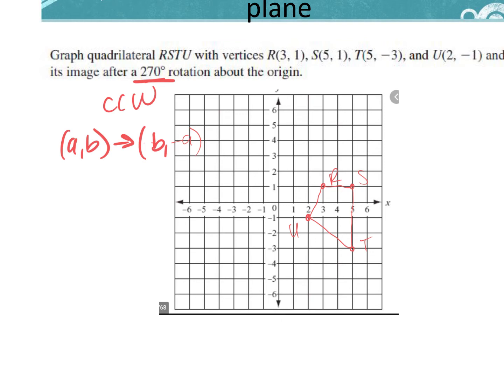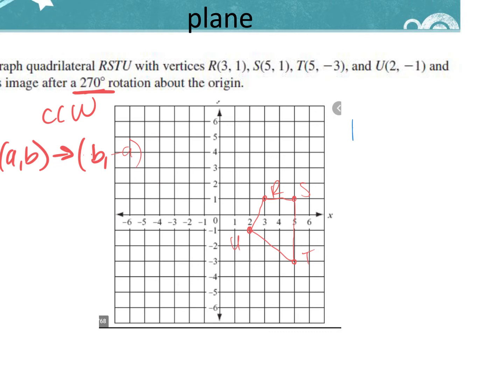I'm going to show you the rotation afterwards. Okay. So, all we care about is where R prime will end up. Guys, where is R prime going to end up if we apply that transformation? 1, -3. So go 1, -3, and put R prime. S prime. 1, -5.